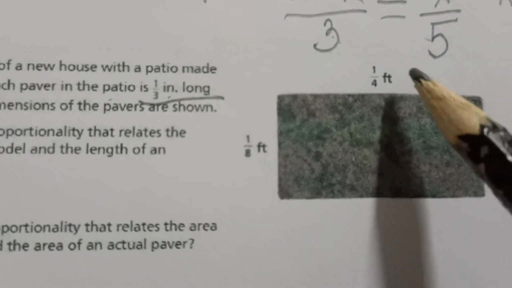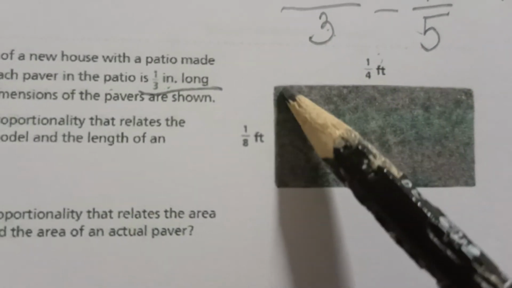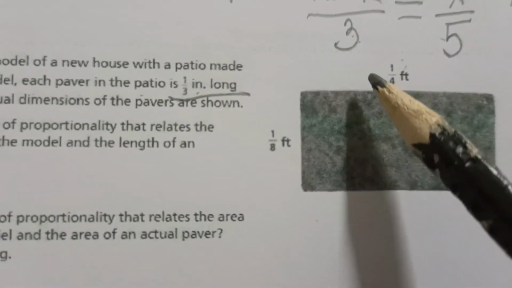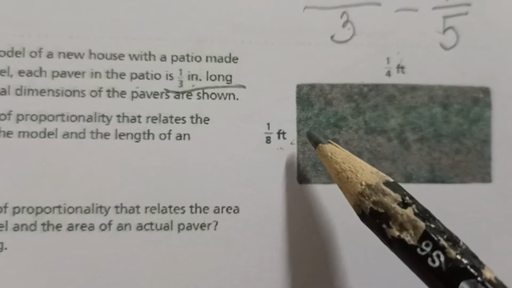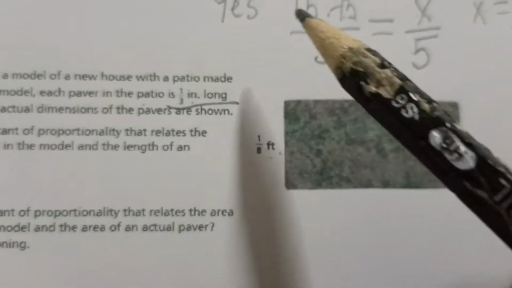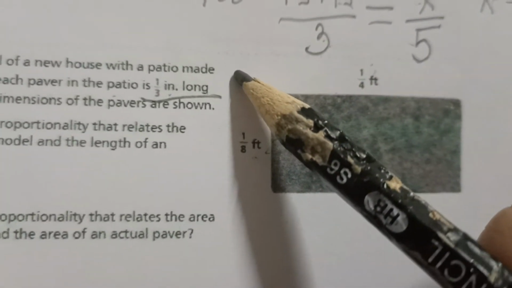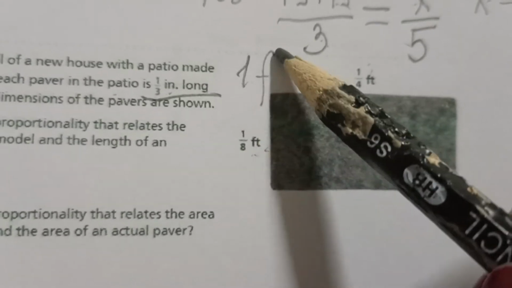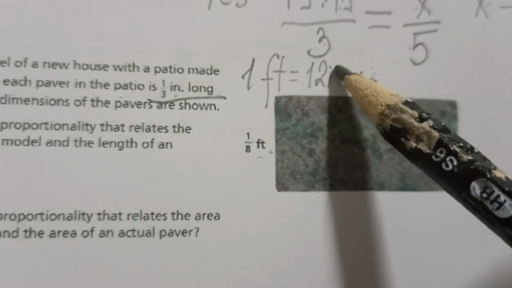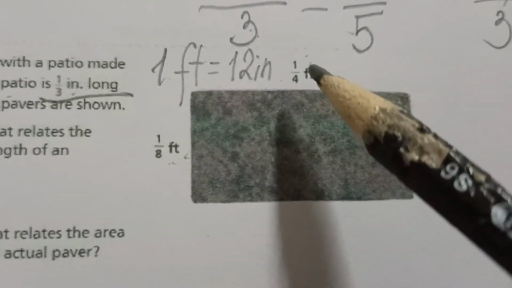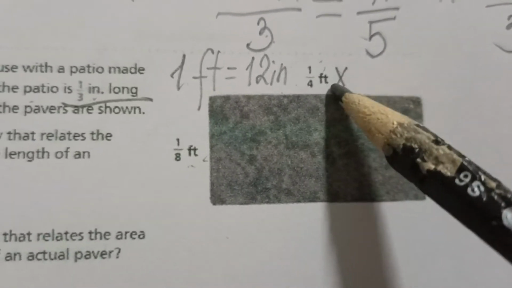Here we have that length and width in feet. So we need to convert inches to feet, okay? And I'm telling you here that 1 foot is going to be 12 inches. So you need to multiply this number by 12.